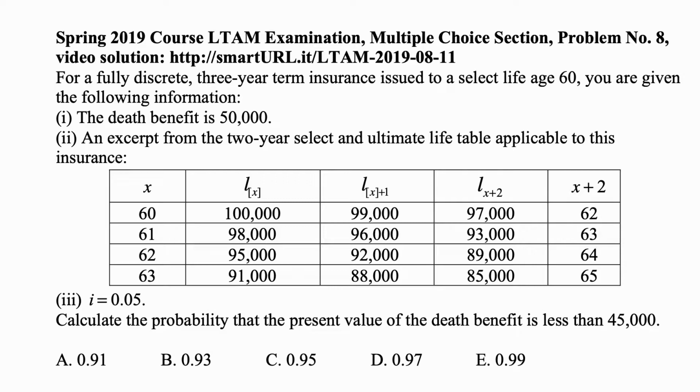That's the select population a year after the selection. And then 2 years later, this reverts to the standard mortality. That's why it's just L(x+2). And the other column is indicated. The interest rate is 5%. Calculate the probability that the present value of the death benefit is less than $45,000.